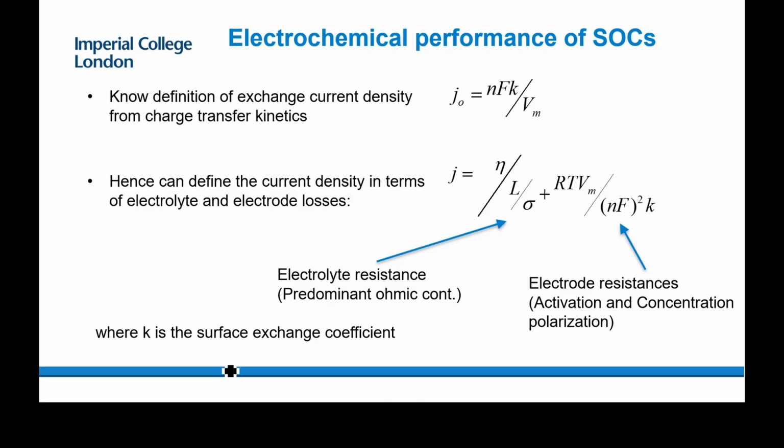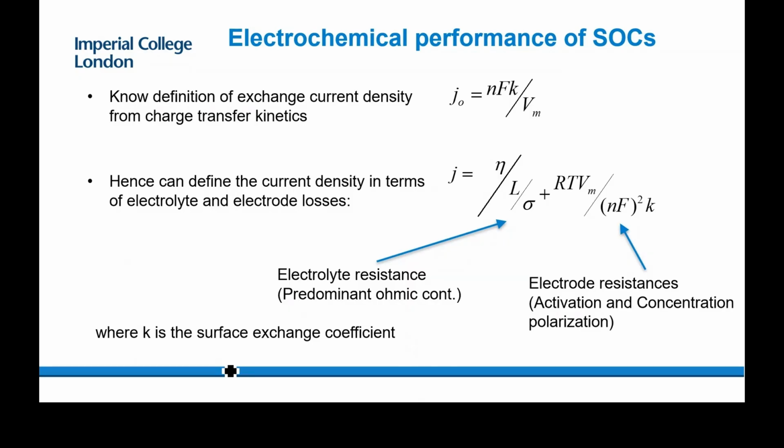So you can then define, and evidently I am skipping many steps here. If you're not following entirely what's going on, you can be forgiven because I have skipped several steps. Okay, so you can define current density in terms of both electrolyte and electrode losses. So you have this overpotential or cell loss related to L over sigma.